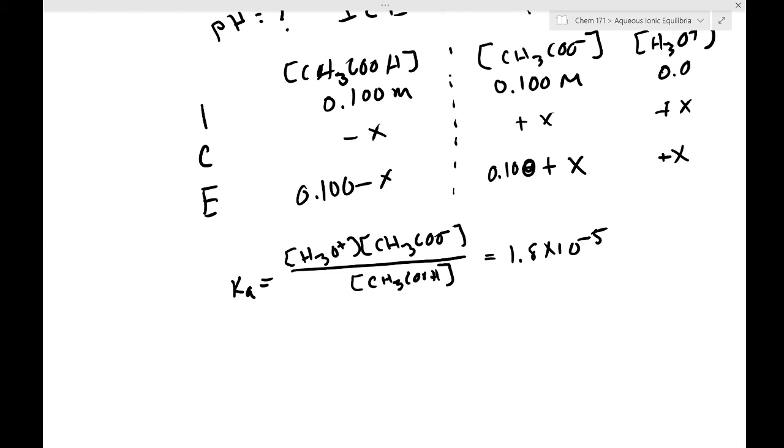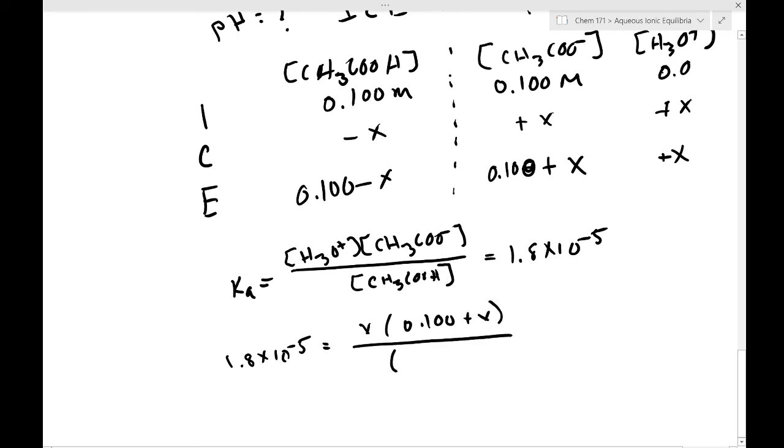All right, 1.8 times 10 to the minus 5 is equal to H3O plus, which is just X, times 0.100 plus X divided by 0.100 minus X. Now I'm going to assume that X is much less than 0.1.